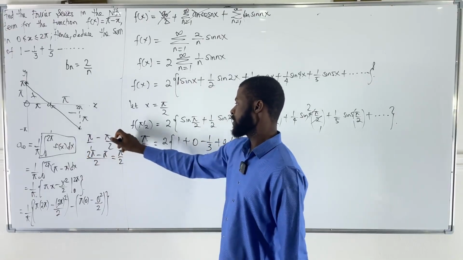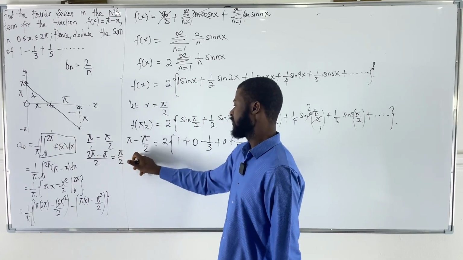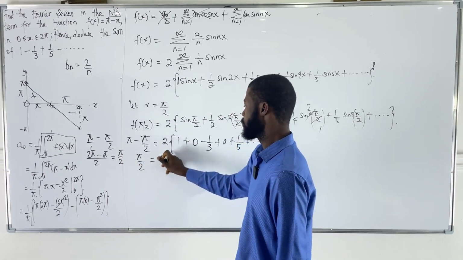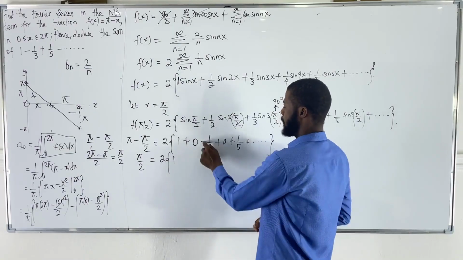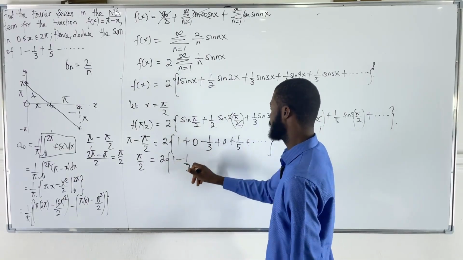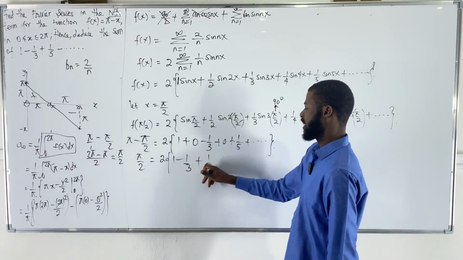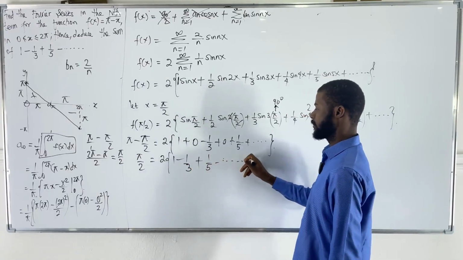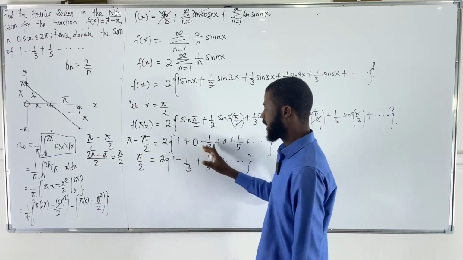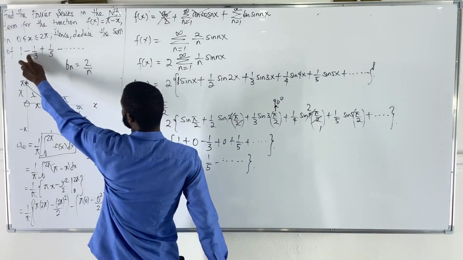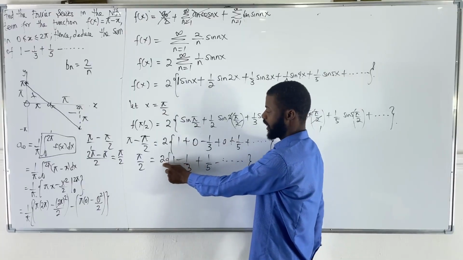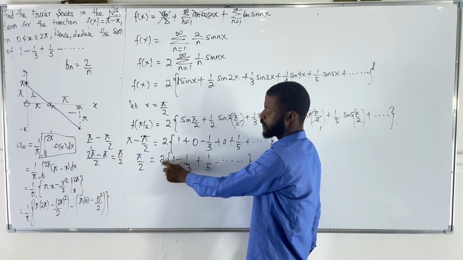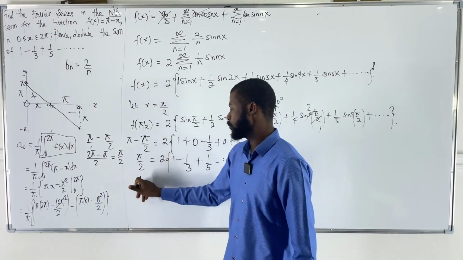So this will give pi over 2 equal to 2 into, now this is 1, right? So we have 1 minus 1 over 3 plus 1 over 5, just like that. This bracket is holding what they say we should deduce, the sum. But these two shouldn't be here. So what we have to do is divide by 2.